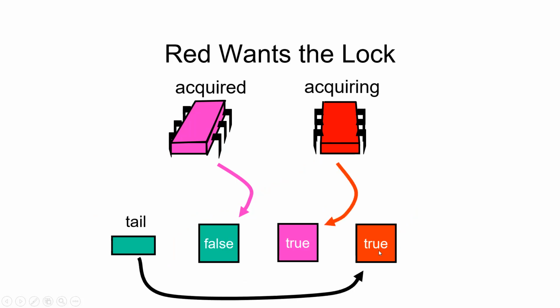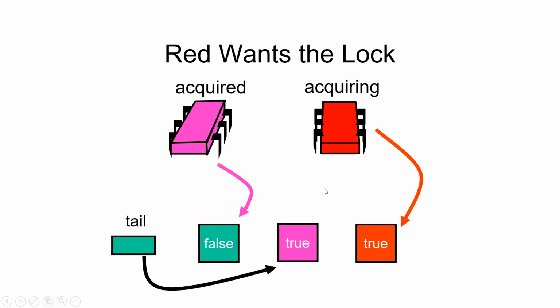Is it clear? Simply, I'm repeating one more time. Whenever a new thread comes, it will create its QNode, and the QNode value is true. It needs to swap the tail pointer to its QNode, and it will spin on the predecessor QNode. Here the predecessor is the pink thread's QNode.